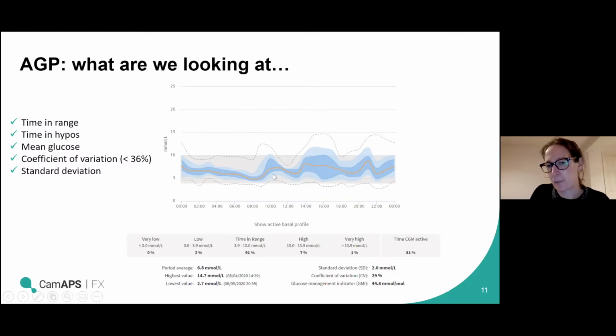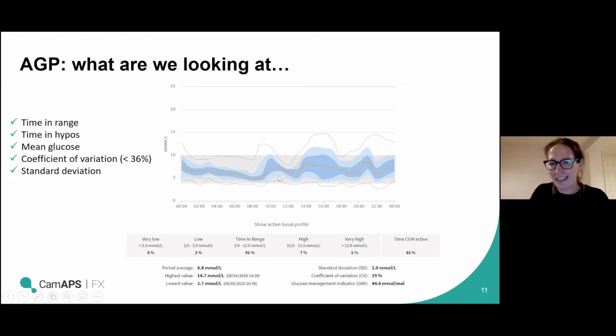So 90% of the time is spent within the blue shaded areas. Try not to worry too much about these ones at the top and bottom. That's the extremes. So that is, over the period of the month, what was the highest glucose at this period of the day. I think it can be quite easy to be drawn to them, particularly if there's been a set failure or something and it's up here, instantly your eye goes to that. It's important just to focus on this.